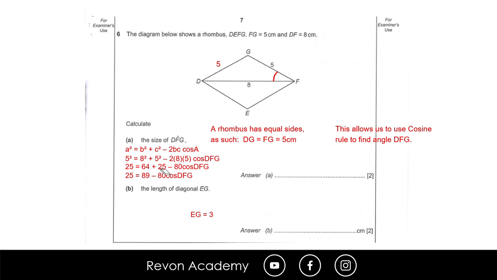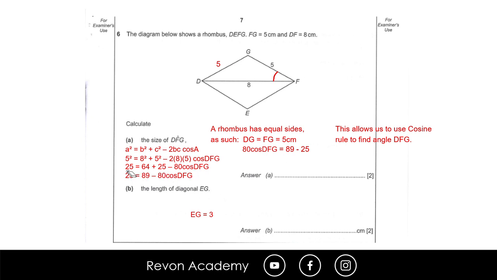I add these two together because they're positive numbers I can add to each other. 64 plus 25, that's 89. This one I just leave like that because we have this unknown here. Then we're going to swap this negative 80 cos DFG, make it the subject of the formula.